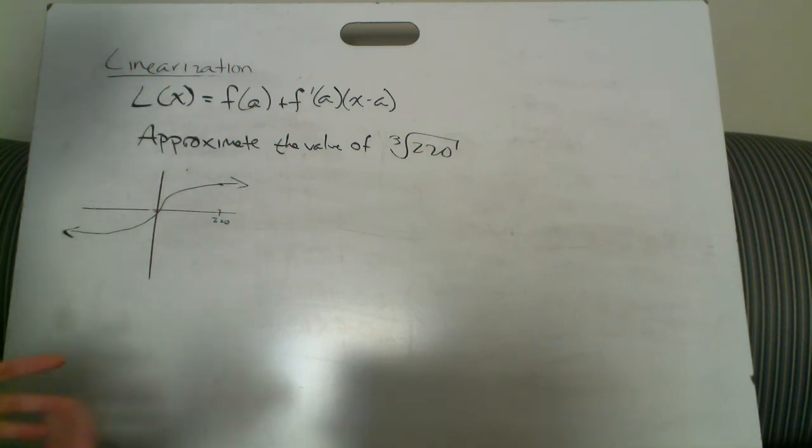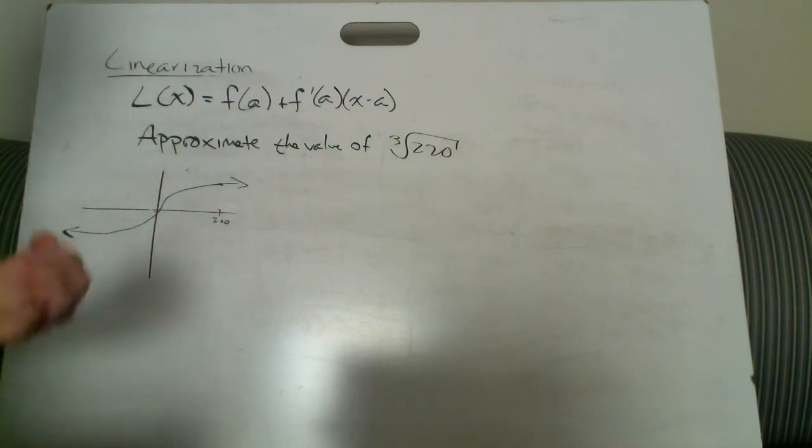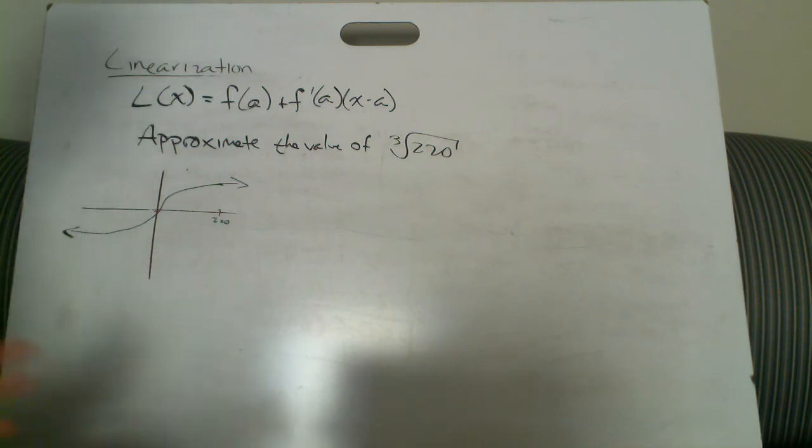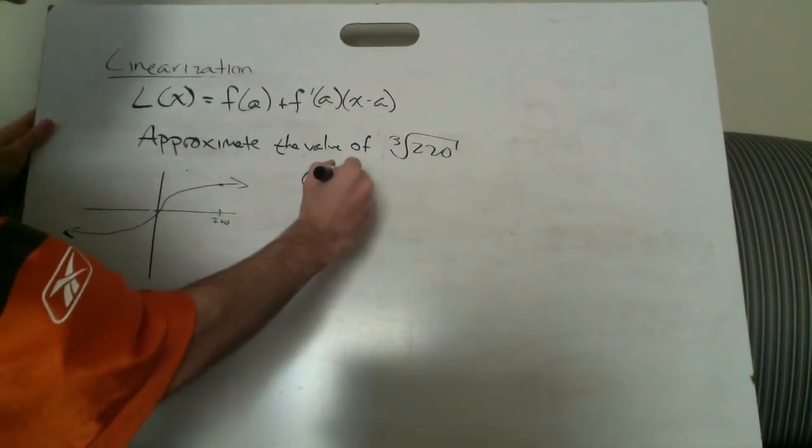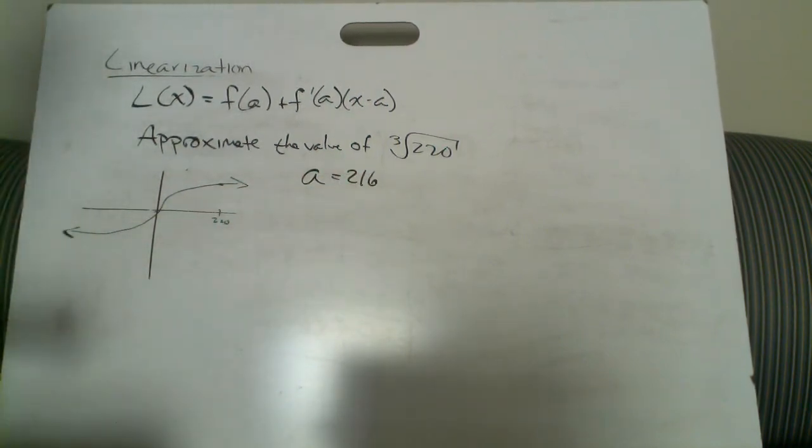If you weren't sure about that, what I'd suggest doing is testing out the perfect cubes. 1 cubed is 1, 2 cubed is 8, so on and so forth. We get 5 cubed is 125, 6 cubed is 216, and 7 cubed is 343. So we can see that the best cube there is 216. So we're going to set our a value equal to 216.